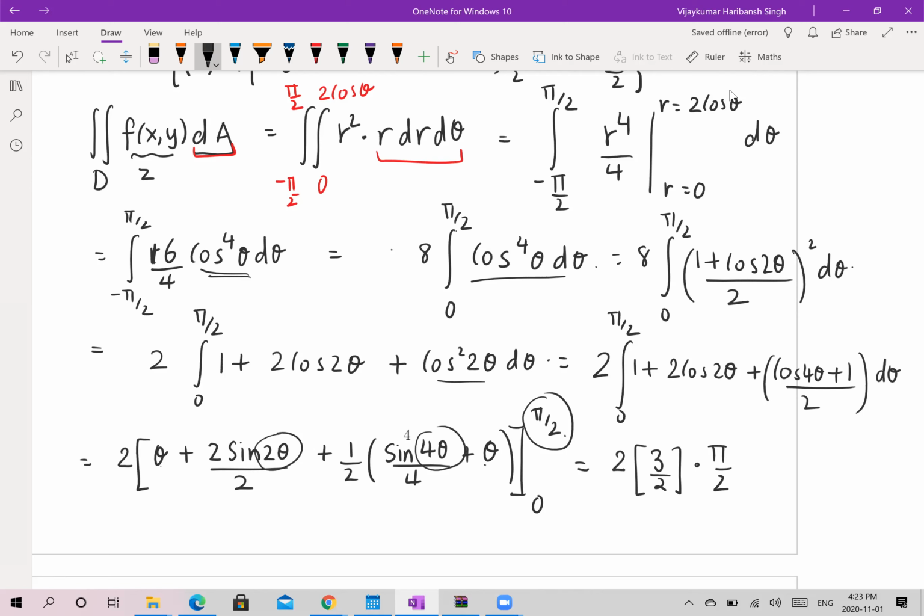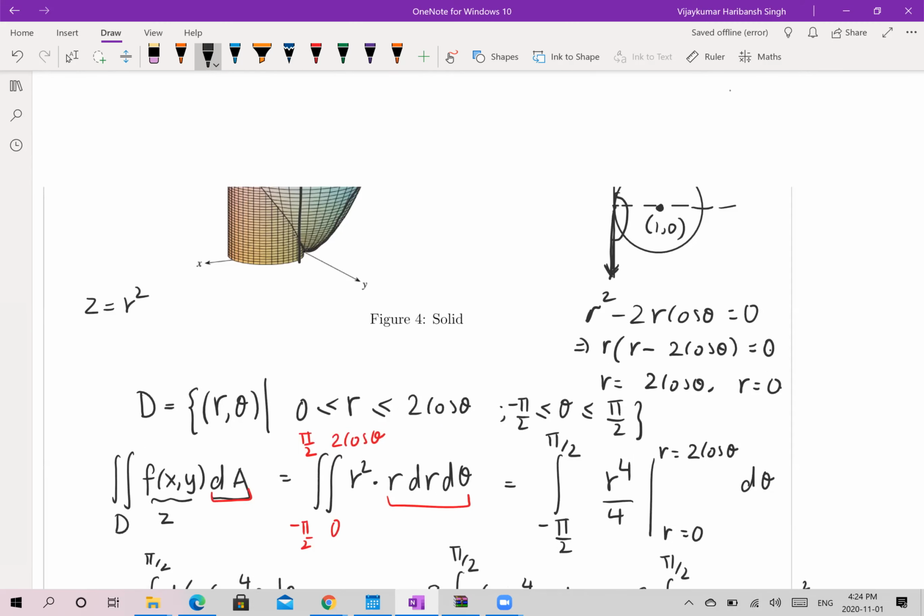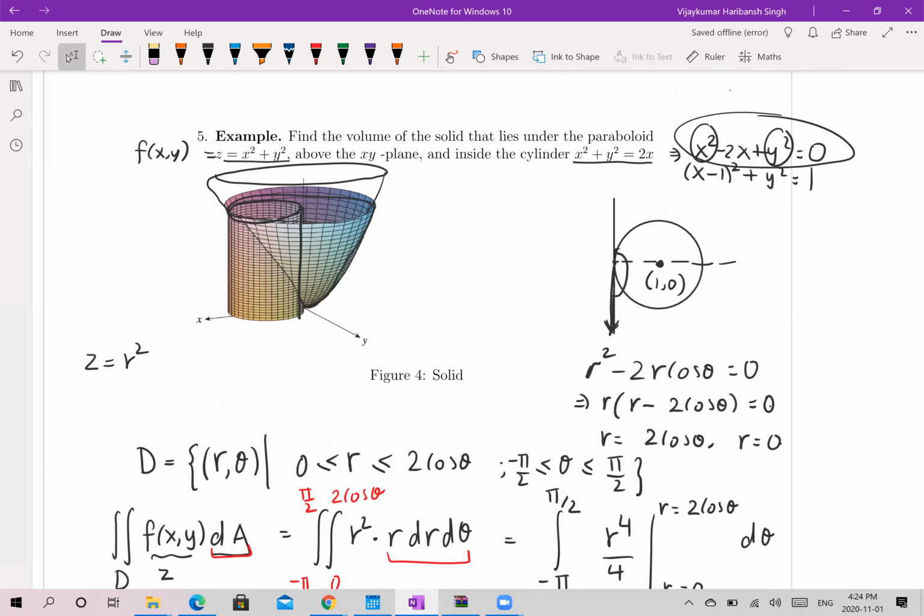And when you put 0, everything becomes 0. So we have 1 to 1 to cancel, so 3 pi by 2. So this is what your volume is, inside the cylinder and below the paraboloid. All right.